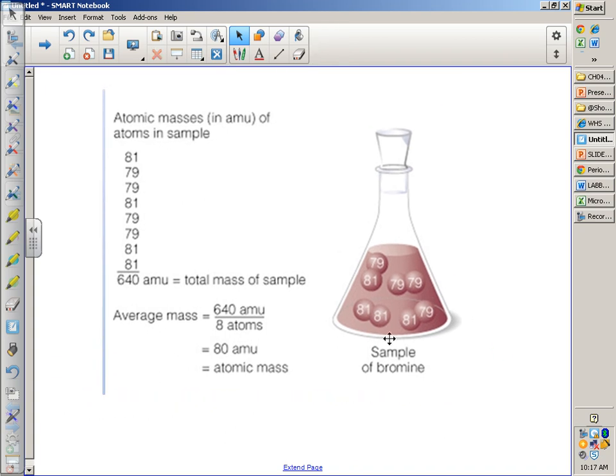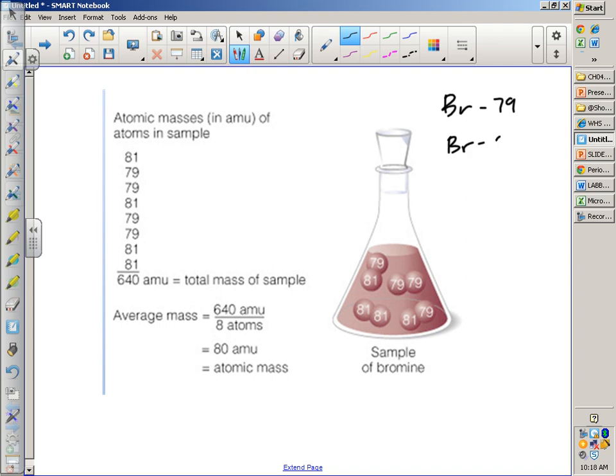If we looked at a random sample of 8 atoms of bromine that show up in that sample, we would find out that there are bromine-79 atoms, and there are also bromine-81 atoms.